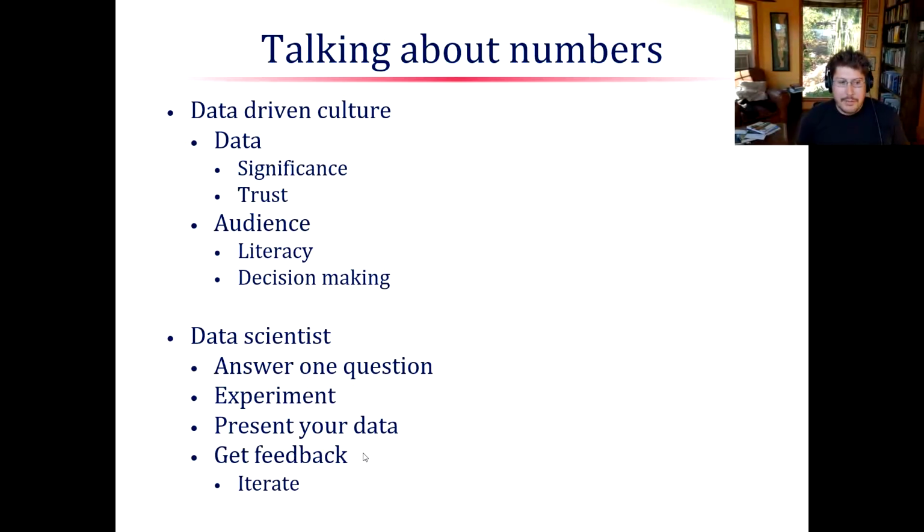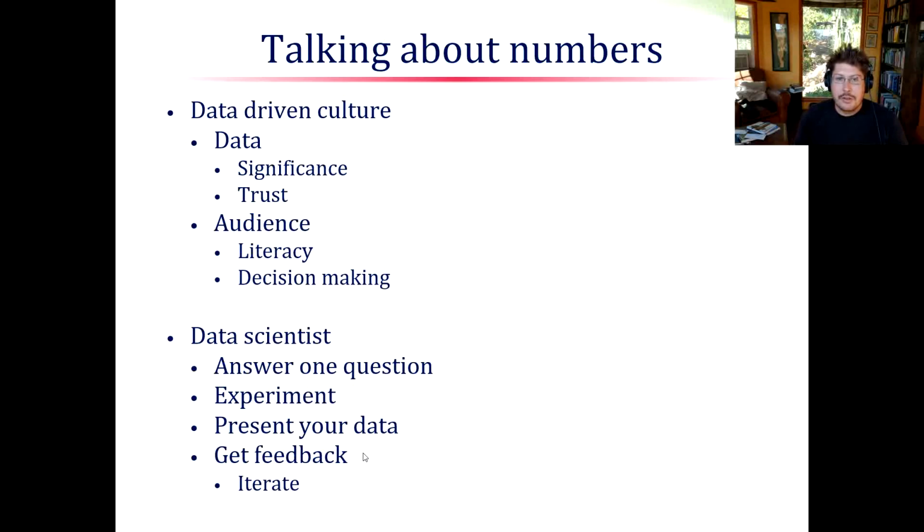Broadly, my advice to you as a data scientist is to answer questions one at a time, to get really crisp on that question, and to run a number of experiments. For example, if you think you can make something better by making a certain change, sometimes it makes sense to try to make it worse by making the opposite change, and see if you can really understand what's going on.